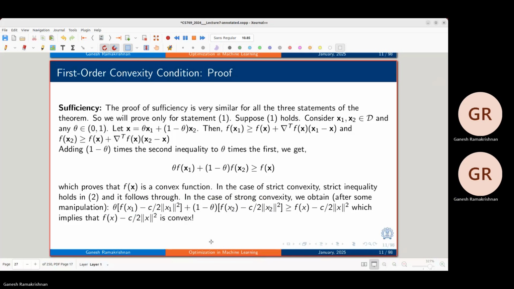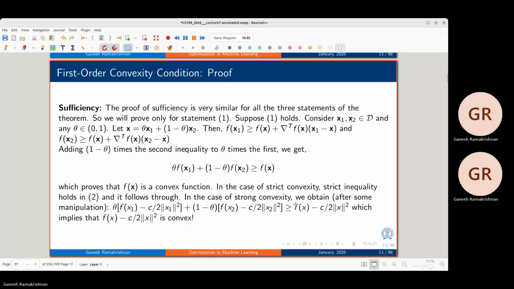Here it was just y minus x. What was the quadratic term there? Was it theta times 1 minus theta? Is that correct? And did it involve a difference between x1 and x2? Okay, so you can verify that. This is substitution. You'll get the same term. Only differences we'll talk about. Yeah, you should get this for x1 and x2.